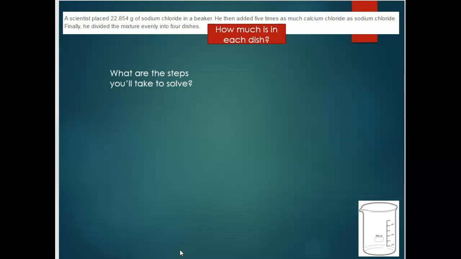All right, so before worrying about dividing it up into 4 dishes, what I need to do is figure out how much total mixture there is. They're telling us we have 22 and 854 thousandths grams of sodium chloride, but we're adding to that.